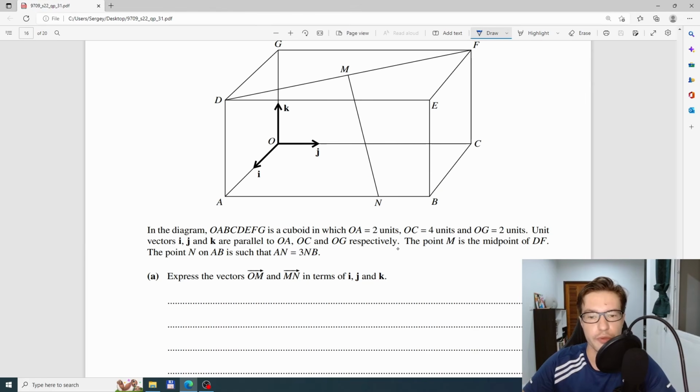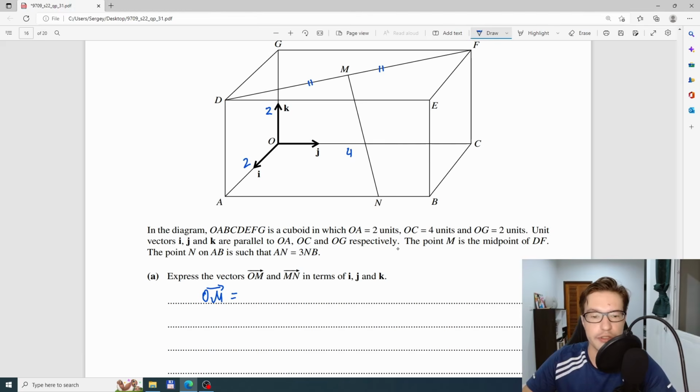First of all, let's put all the information we've got on the picture, so it's a bit easier to work with. OG equals 2 units. And M is the midpoint. Okay, so first we'll have to find the vector OM. Think about it. How can I get from point O to point M, possibly using vectors i, j, and k?